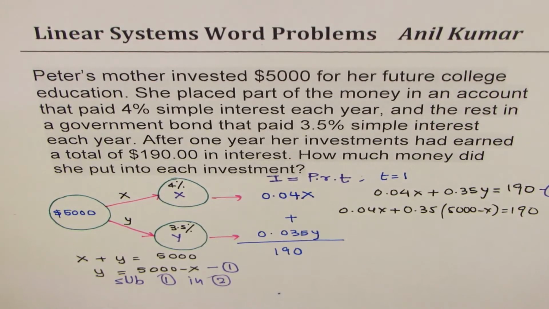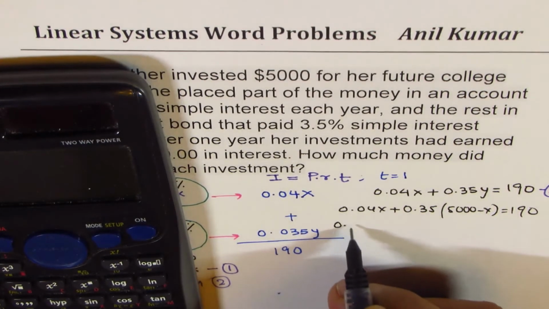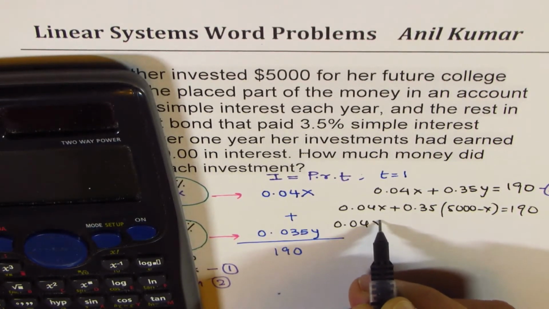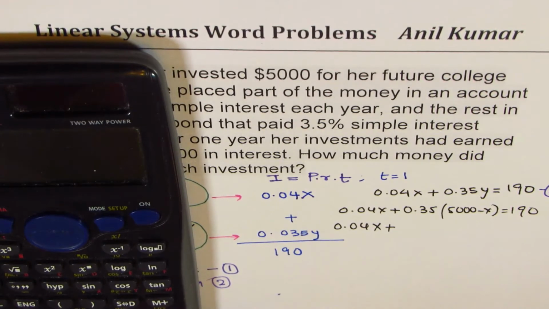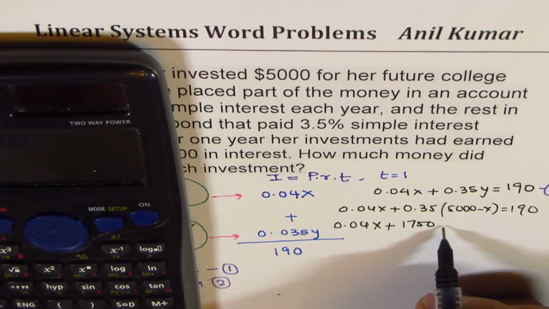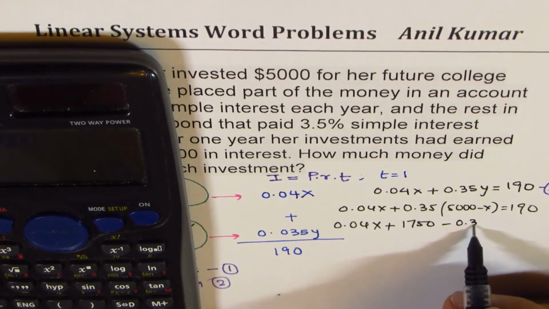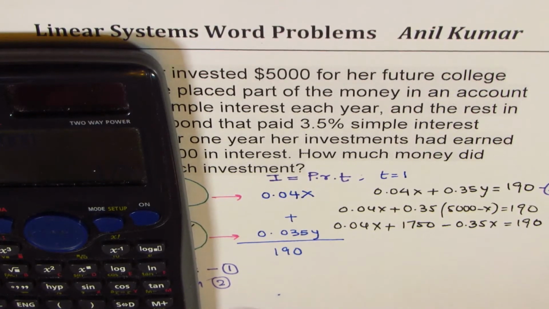Now we can open the brackets and calculate x value. So we have 0.04x. Now in this case, when we multiply 0.35 times 5,000, we get 1750 minus 0.35x equals 190. Is it okay?